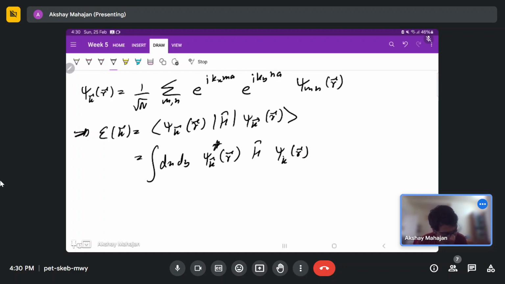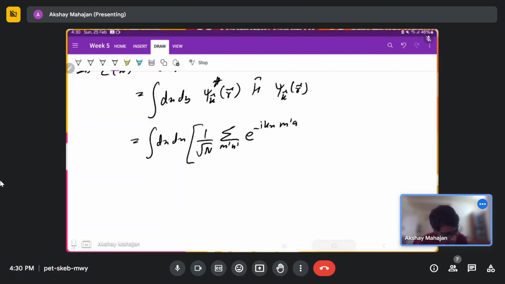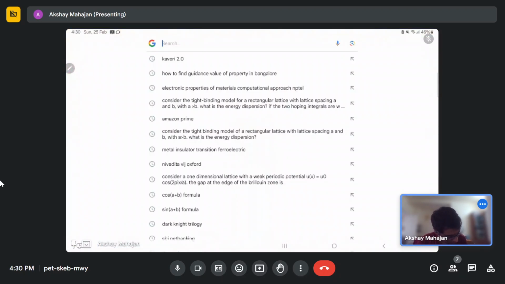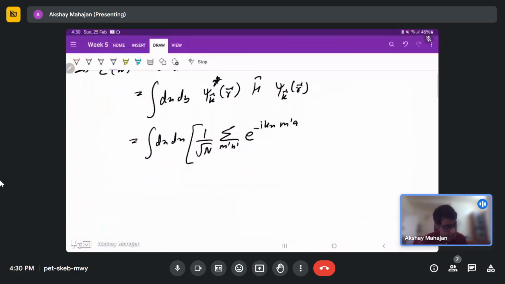Now this we can write as we have seen here. I will replace this with 1 by root of N, summation over m prime n prime, e to the power minus iota kx m prime a, e to the power minus iota ky n prime a, times psi of m prime n prime r vector.